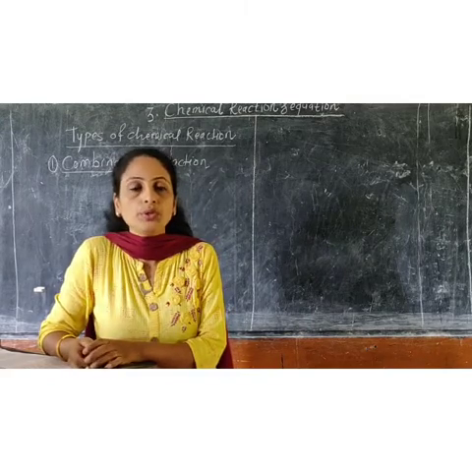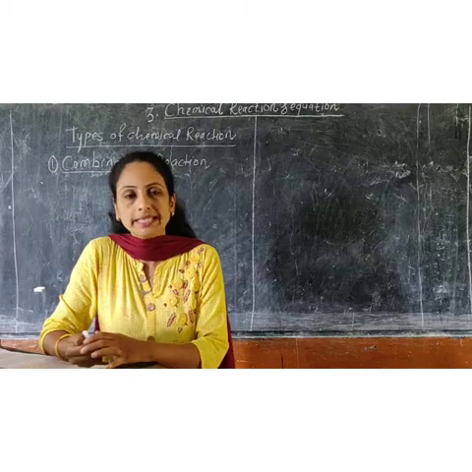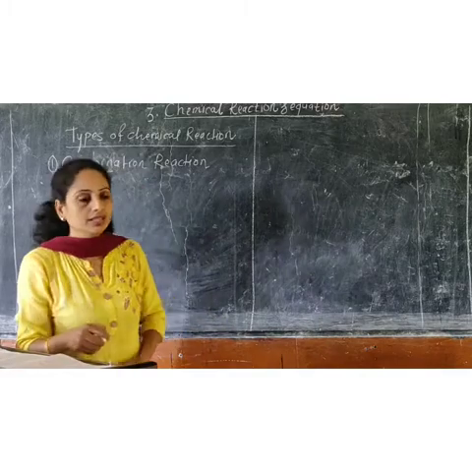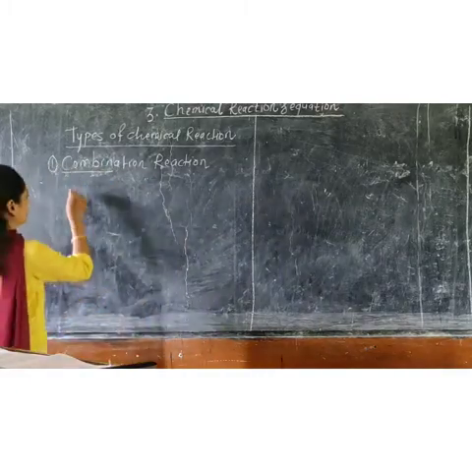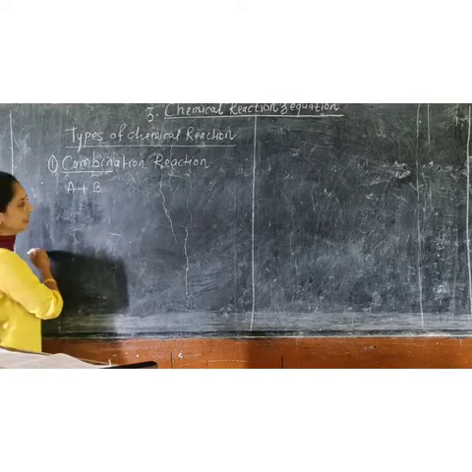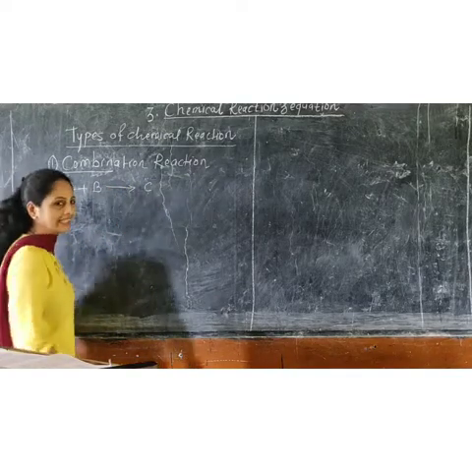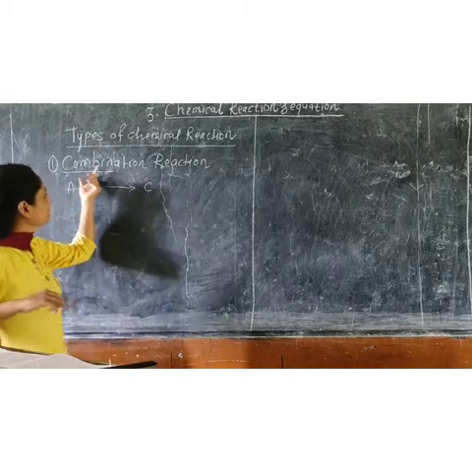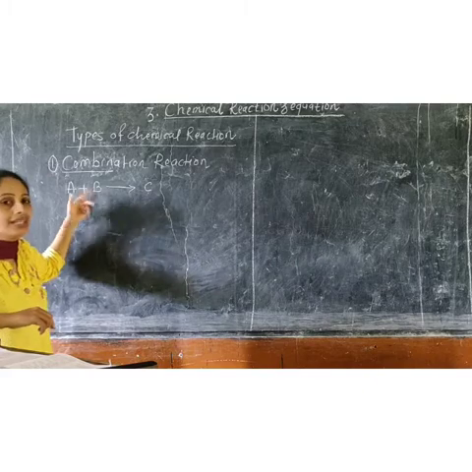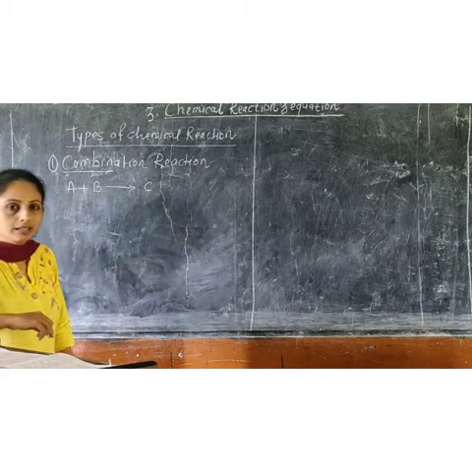When two or more reactants react together to form a single product, that is called a combination reaction. Suppose A plus B, these are the reactants. They react to form the product C. So that is called combination. Two or more reactants react to give a single product.